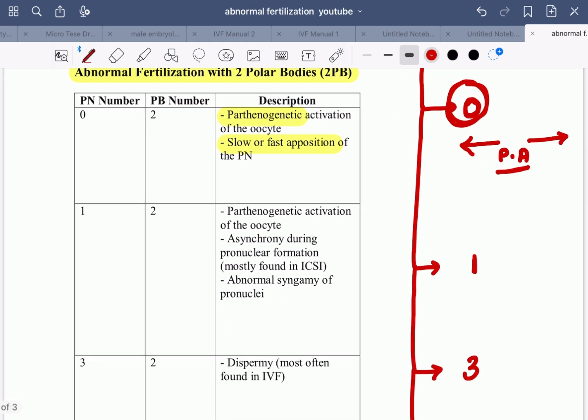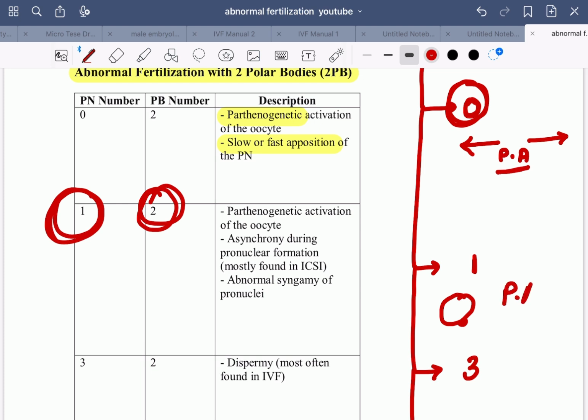Now we'll talk about two polar bodies with 1 pronucleus. So either asynchrony during pronuclear formation, or parthenogenic activation, or abnormal syngamy. Syngamy means they have joined abnormally.